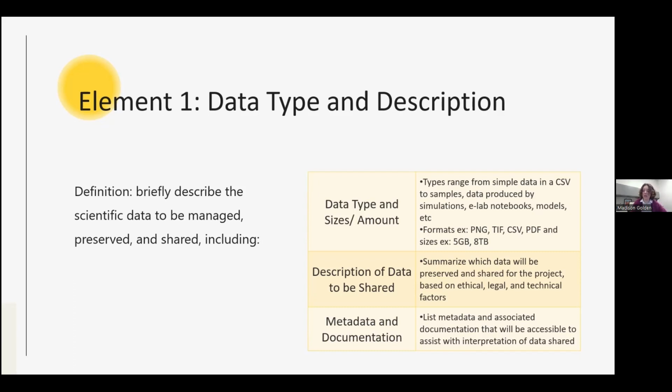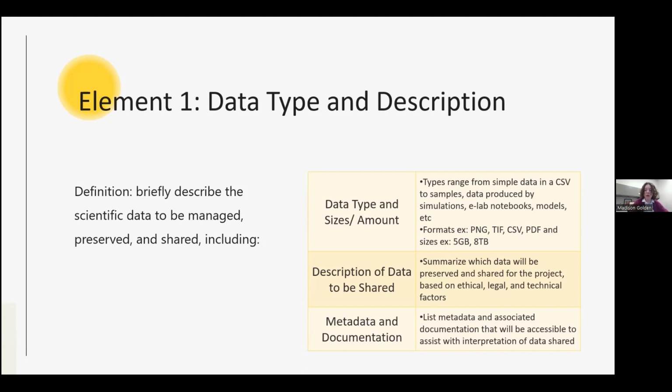Data types can range from data in a simple CSV to samples, simulation data, electronic lab notebooks, models, etc. It can be helpful to think of those types in the categories of observational data, experimentation data, and simulation data.